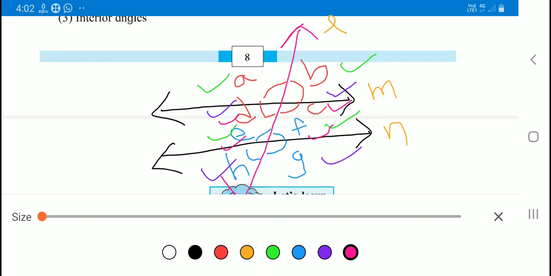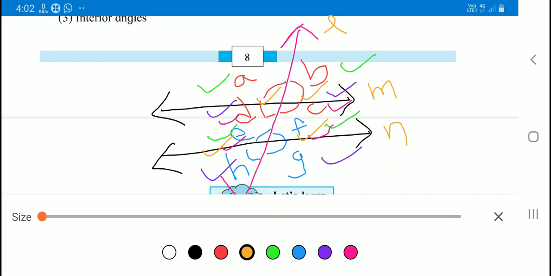Next to that, alternate angles. The interior alternate angles I will show by orange color. So interior alternate angles are D and F, and the remaining pair is C and E. Now which angles remain? Exterior alternate angles.